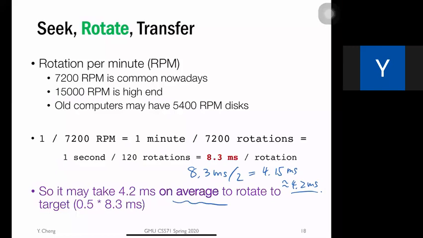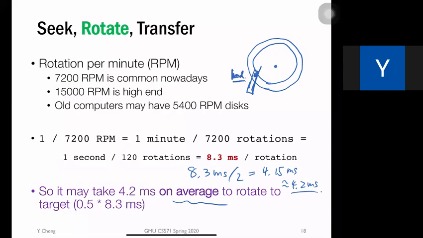Intuitively, how to understand this is, let's say we're talking about the surface, and let's focus on the outermost track, right? And this is the disk arm and disk head.